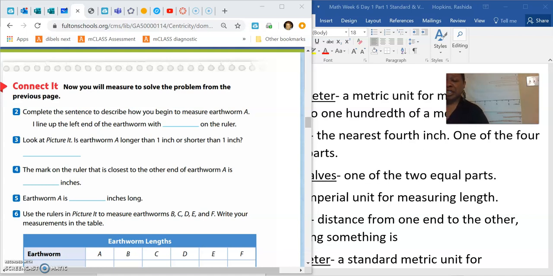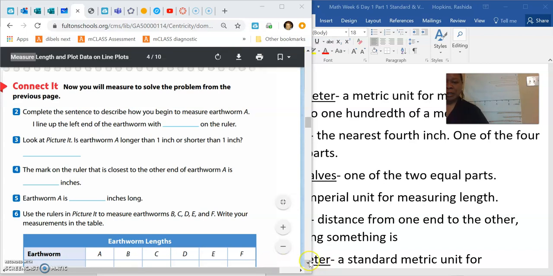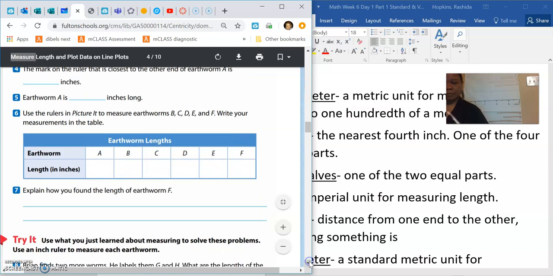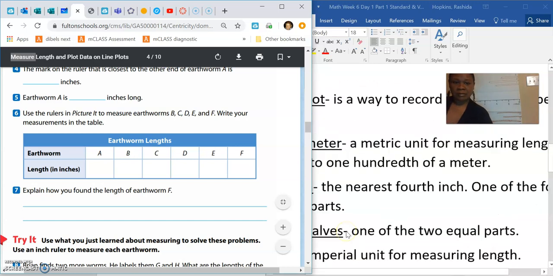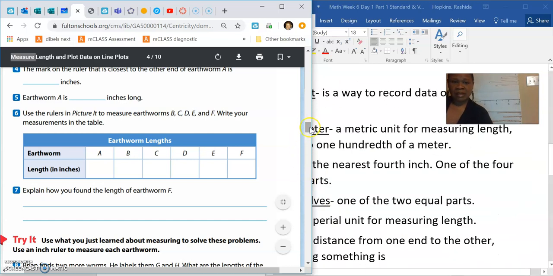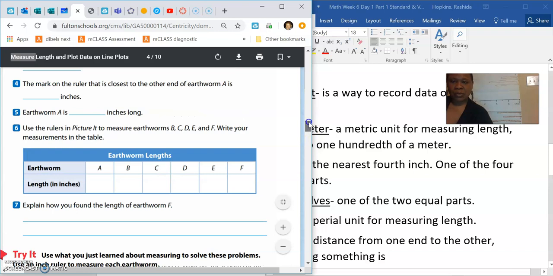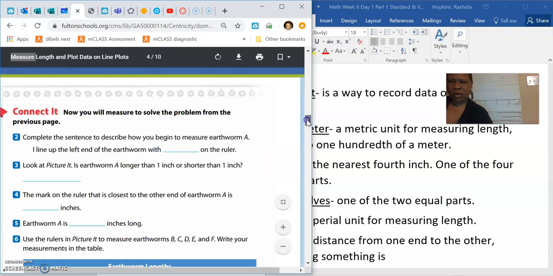Use the ruler and picture it to measure earthworms B, C, D, E, F. Write your measurements on the table below. So here we go. Let's go back up real quick because I want to make sure I talk to you about the 4th.